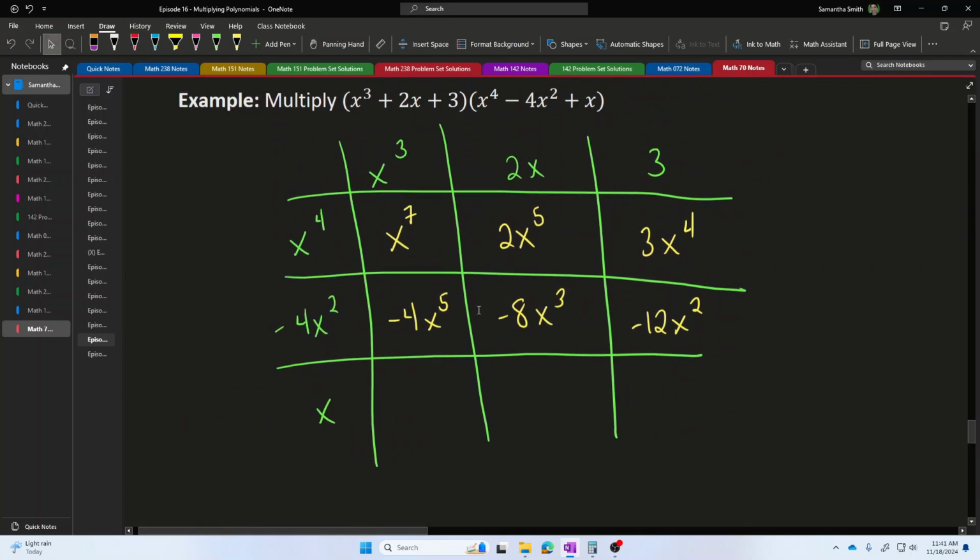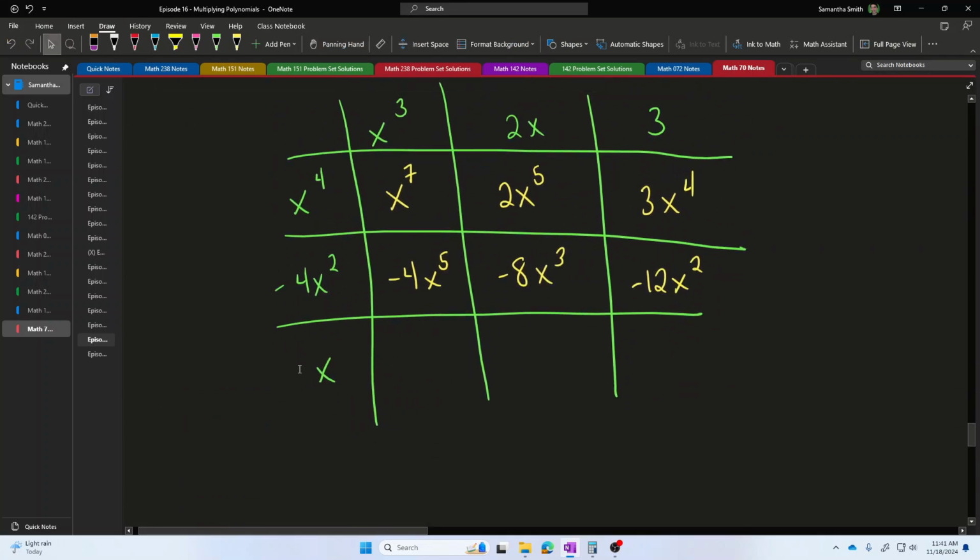And then for the last row, 3 multiplied x's combined with 1 multiplied x gives me a total of 4 multiplied x's. 2 times x times another x is in total 2 and 2 multiplied x's. And then 3 times x is just 3 times x.